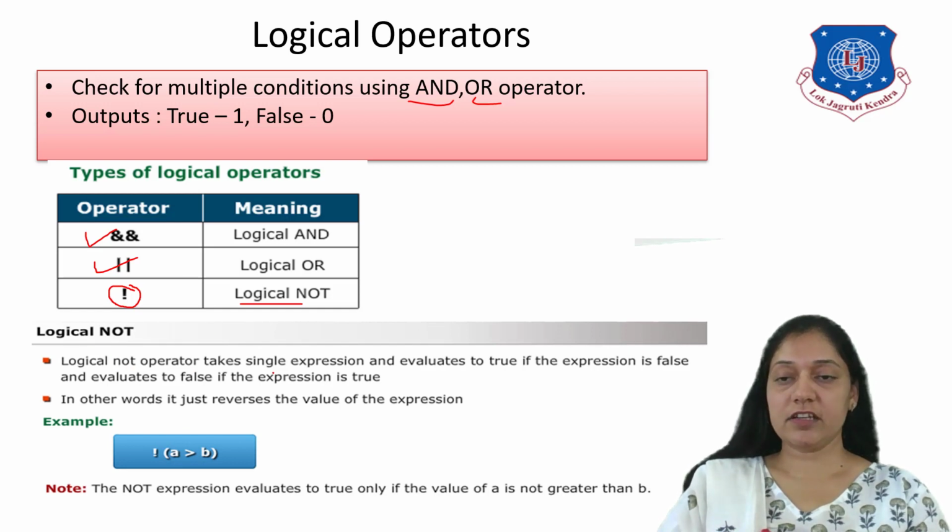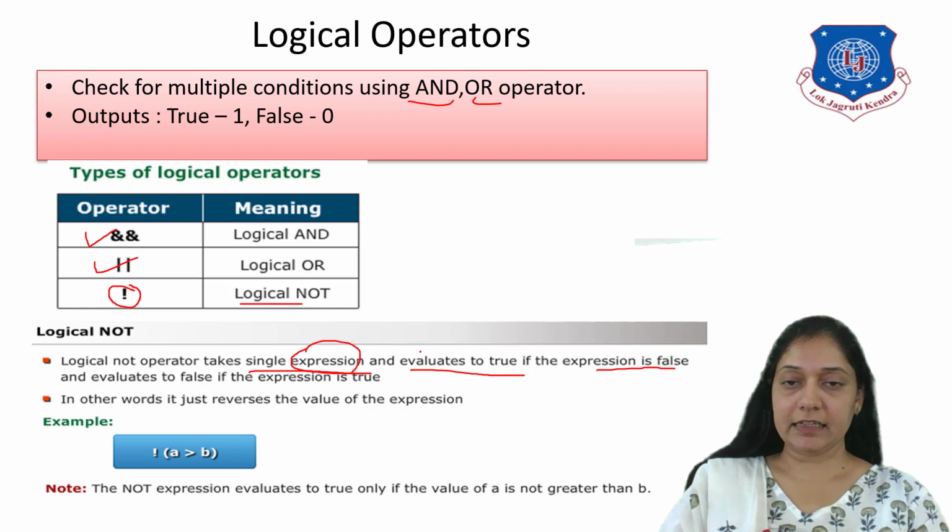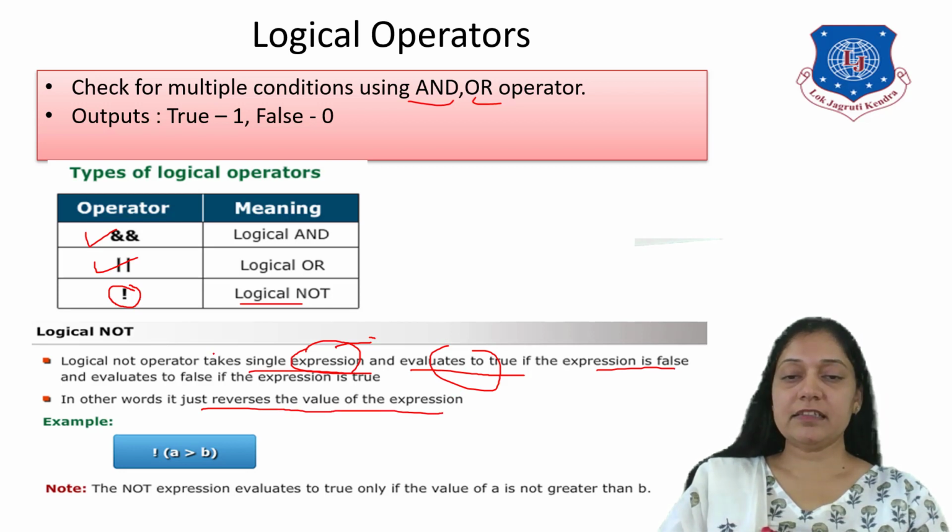Let's understand what is logical NOT. The logical NOT operator takes an expression and it will evaluate to true if the expression is false. Whatever the value of an expression we get, that value is changed. That is, if the value is false, then the output would be true. If the value of an expression is true, then we'll get false. So it means that NOT is reversing the value of an expression.